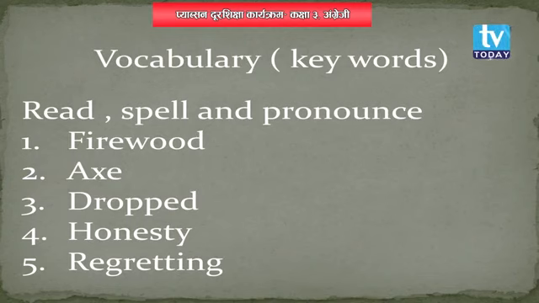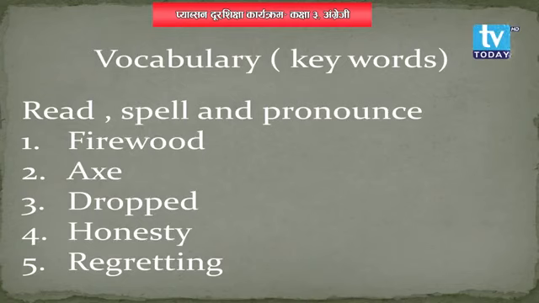Regretting means self-realization of something after making mistakes. For example, children, if I say something wrong to you without any mistake of yours, then I obviously have to realize it. I should not say anything to you like that. If I say it unknowingly, then I need to realize it.